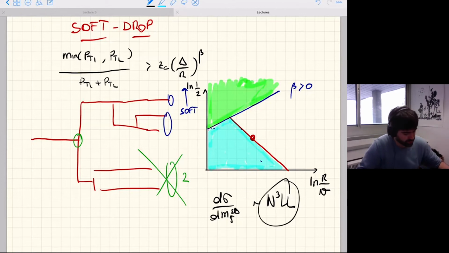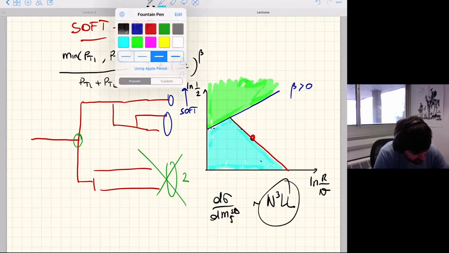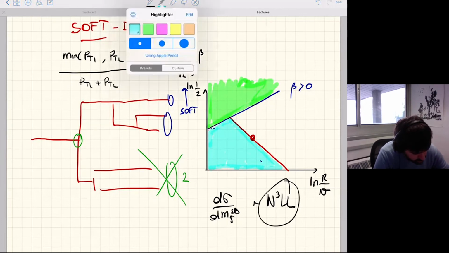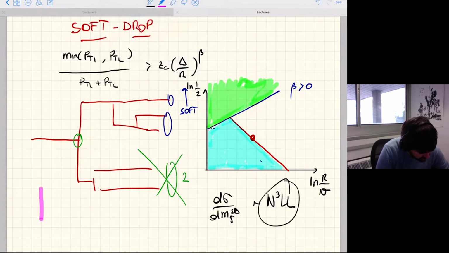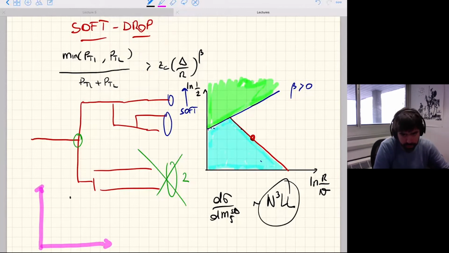And this led people to really start thinking about jet substructure techniques in a kind of two-dimensional way. So here I have all my substructure techniques like soft drop or other ones. But in order to make improvement, I have to go in two directions.